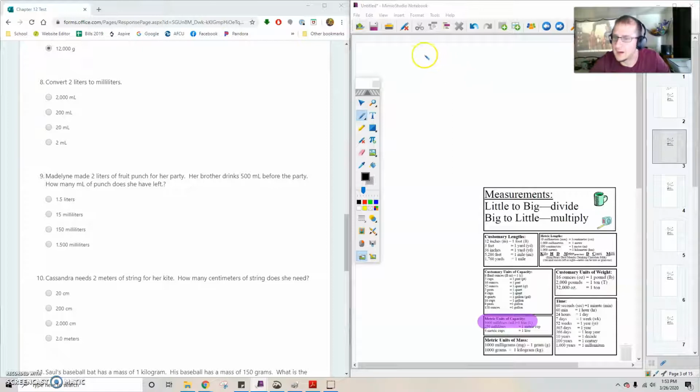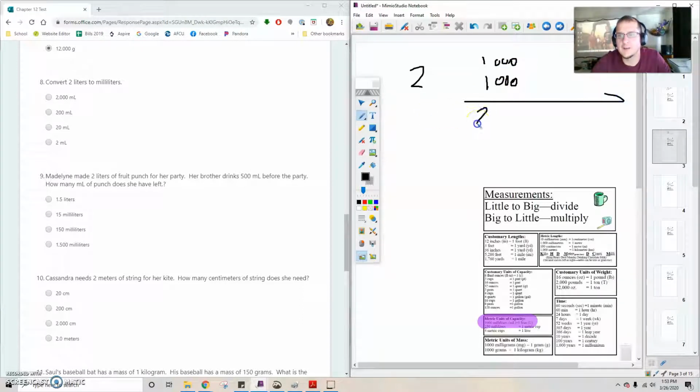So if I've got 2 liters, and each of those is worth 1,000, then I have 2,000 because I'm simply going to add that together, or I'm going to go 2 multiply 1,000. So that is 2,000 milliliters. Answer our question right over here.